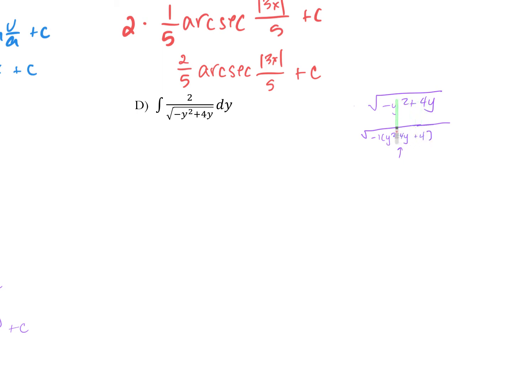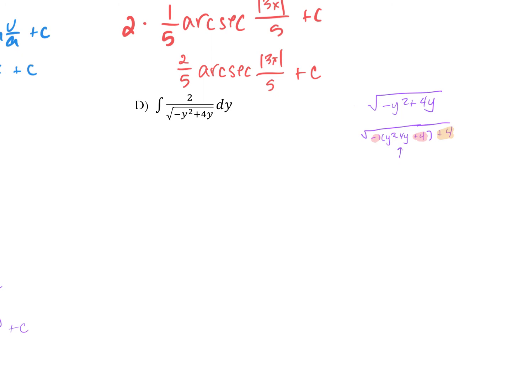Am I allowed to just subtract 4? No. So how can I undo subtracting 4? On the outside, I'm going to write a plus 4, so that this negative 1 and this 4 are like a negative 4. And then this 4 is a positive 4, so I haven't actually changed the value at all.